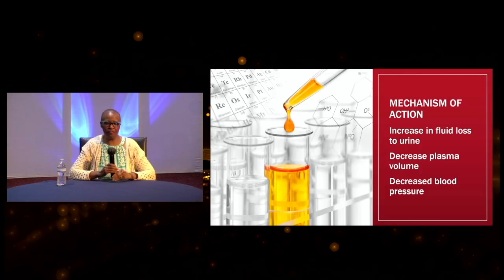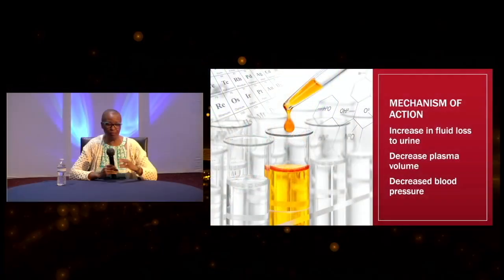But there's one very important part of the circulatory system, and that is the kidneys. So the way the diuretics work is they increase the amount of fluid that you lose. In other words, increase your urine production. And by doing that, they decrease your plasma volume, and your blood pressure will just drop. So it's just a basic function.